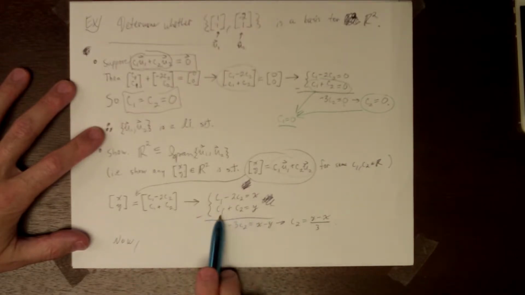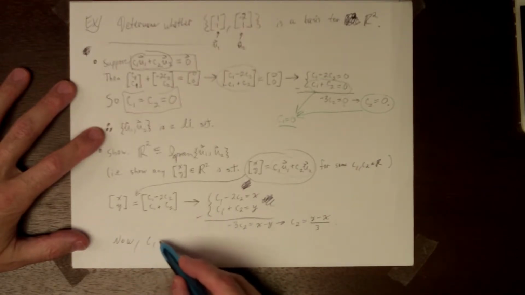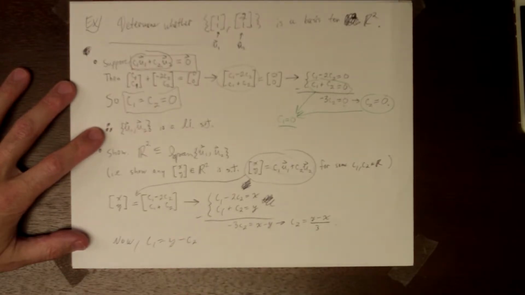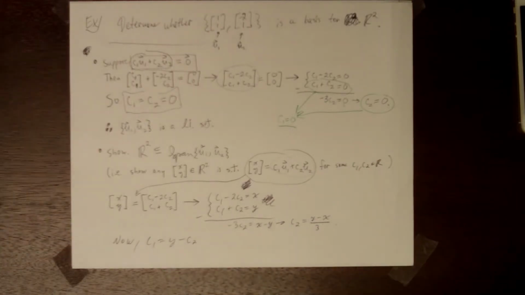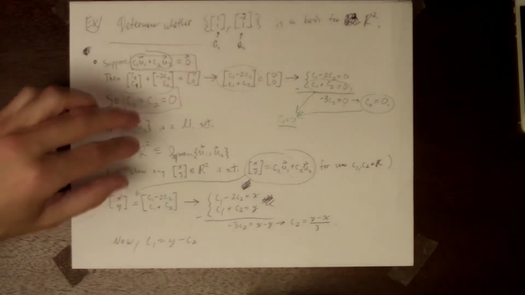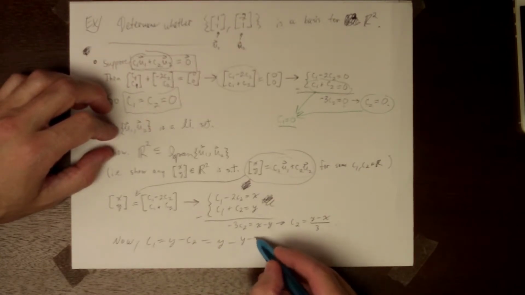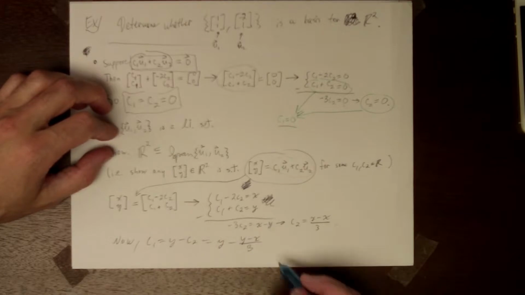From this second equation, you can see that C1 is nothing more than y minus C2. So we put our real number that we found for C2 there and subtract it from y, and that gives you yet another real number, so we're good. This is y minus (y minus x over 3).